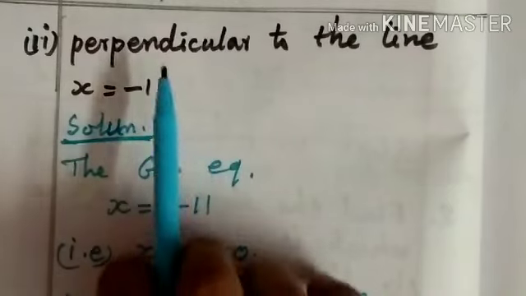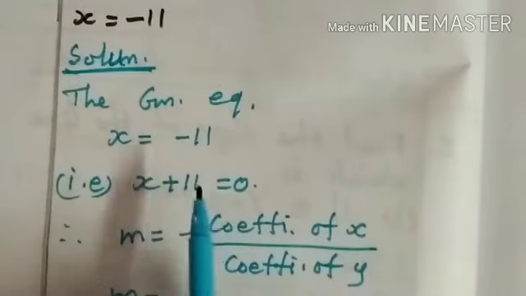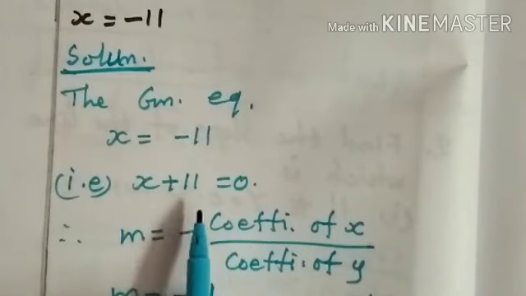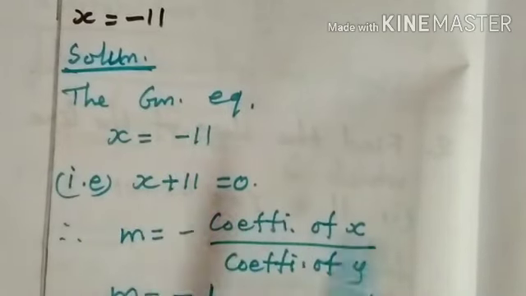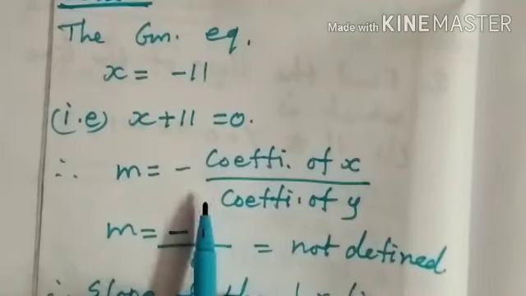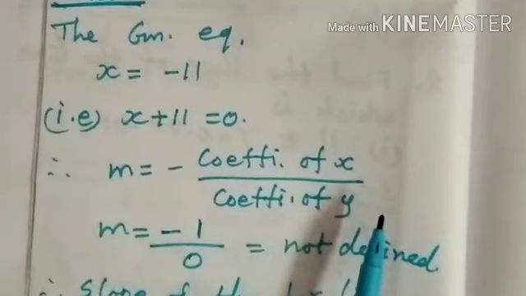Second subdivision, perpendicular to the line x is equal to minus 11. First you take down and write the given equation in standard form, that is x plus 11 is equal to 0. Now you have to apply the formula. Slope m is equal to minus coefficient of x by coefficient of y.